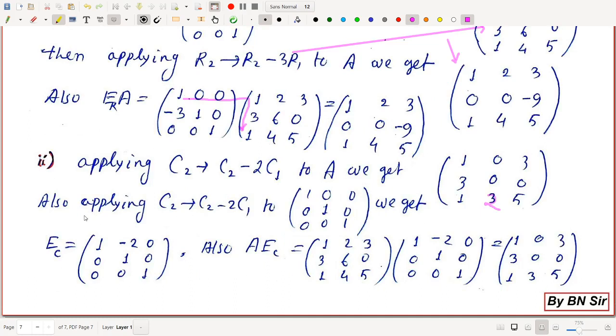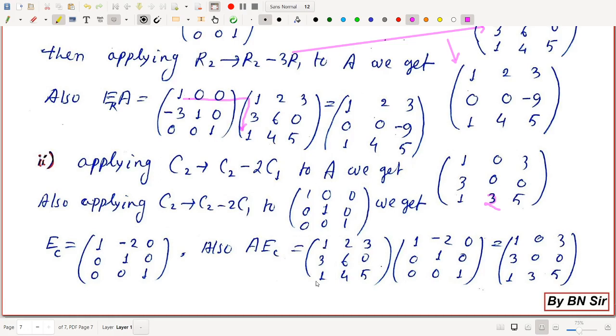Okay. Now, applying the same operation to the unit matrix, we get second column minus 2 times first column. It will be 0 minus 2, so minus 2, 1, 0, other things will remain the same. Now post-multiply capital A by this EC, the elementary matrix for the column operation. Let us check this element only.